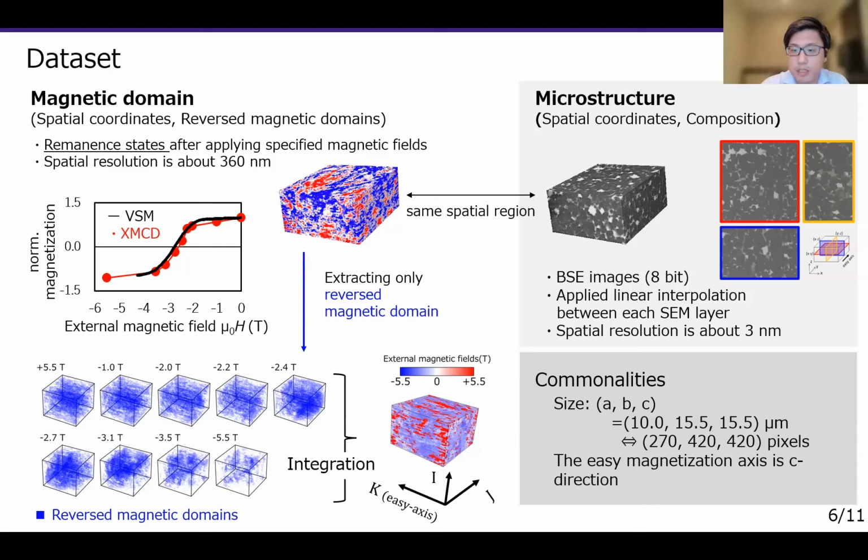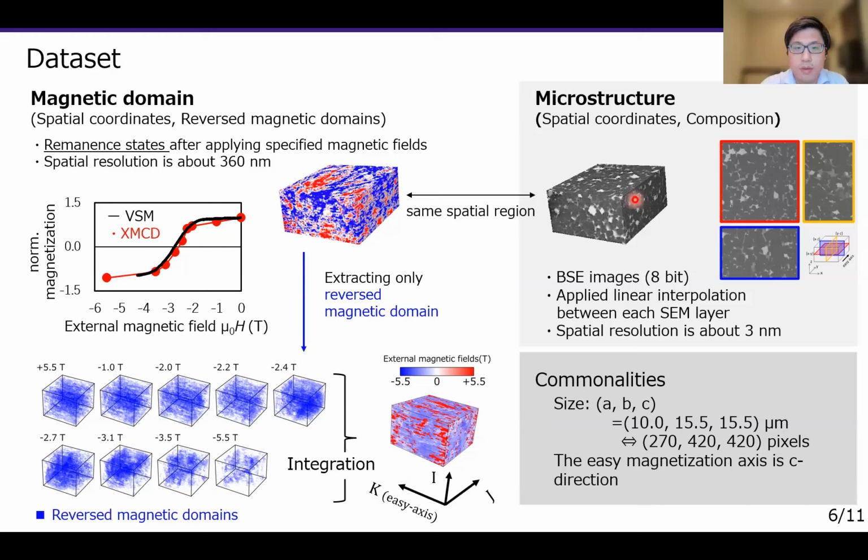Only the reversed magnetic domains are extracted three-dimensionally from those magnetic domains. Then by integrating them, I will show the result. Like that, I extracted only the reversed magnetic domains. After that, I did integration like that.